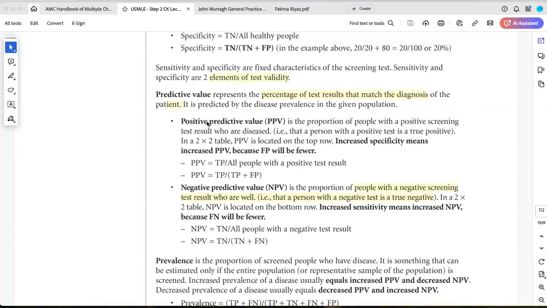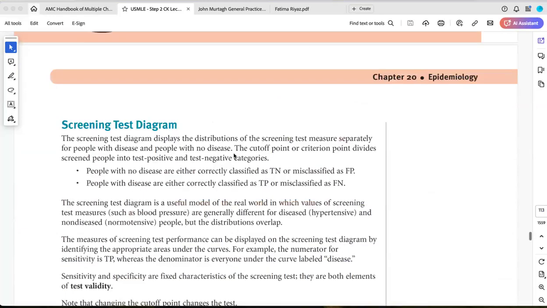It means they're asking about finding out the positive predictive value. So if you don't know what PPV means, you will not know what the question is asking you. And usually the exam doesn't make it very complicated. I haven't seen this come often in the exam, but it is something good to know.